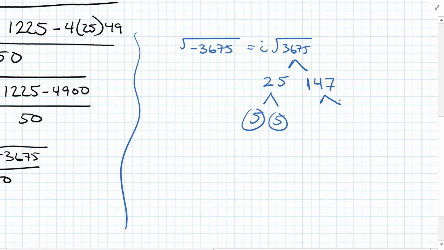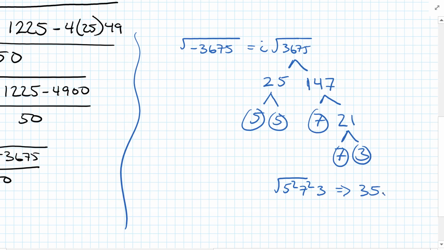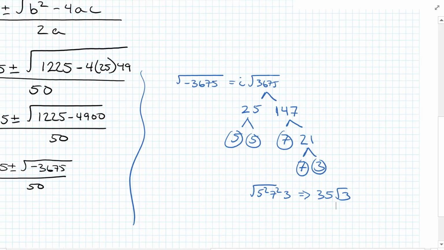147. Well, that's going to be a 7 and a 21. 21 is going to prime factor to 7 and a 3. So the square root of that can be rewritten as the square root of 5 squared, 7 squared, and 3, which is going to be 35 square root of 3. Okay.